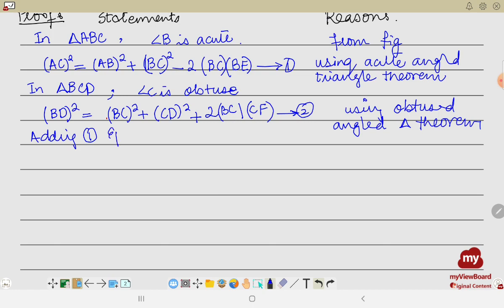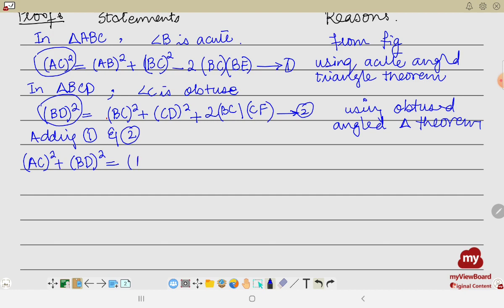Now if you see, we are going to add the two equations, so we'll be writing adding 1 and 2. We are going to add the left hand side to left hand side and the right hand side to right hand side. So we'll be adding these two, so it will become AC whole square plus BD whole square, and we'll be adding all these terms on the right hand side.